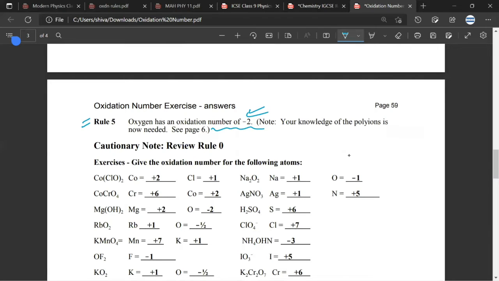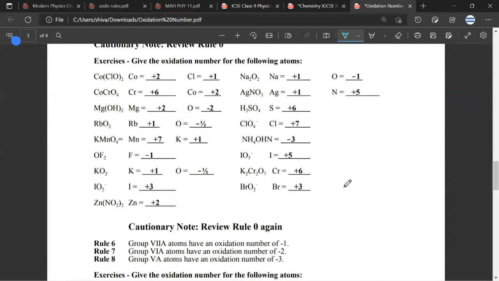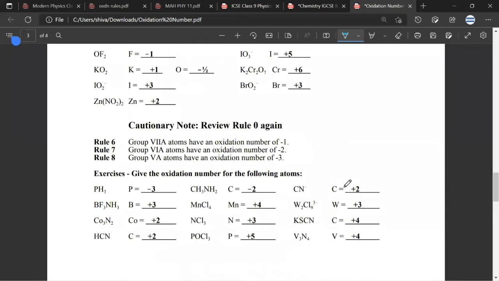So oxygen, this is what we were discussing, that usually oxygen will have an oxidation number of -2, and group 5A will have oxidation numbers of -3, -2 and -1. So basically what is happening is we are starting from +1, +2. We have aluminium and the elements given, which were +3.